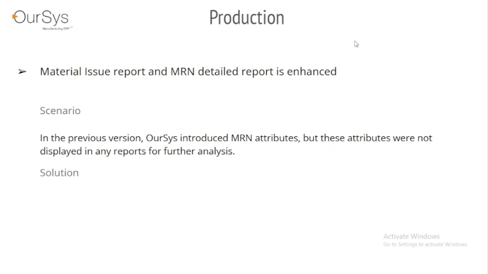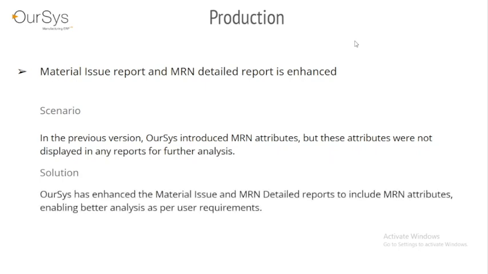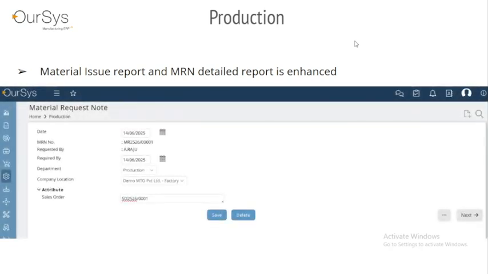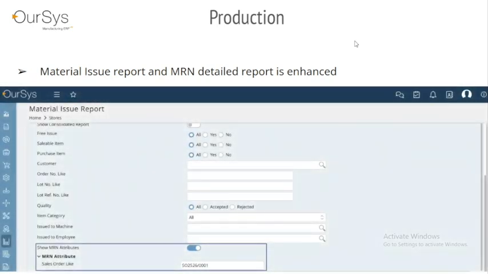So the material issue report and the MRN detail report are enhanced. There was a scenario in the previous version, OurSys introduced MRN attributes, but these attributes were not displayed in any of the reports for further analysis. So now in the material request note, in the previous version, we had already introduced the attribute part, but we were not capturing it anywhere in the material issue report.